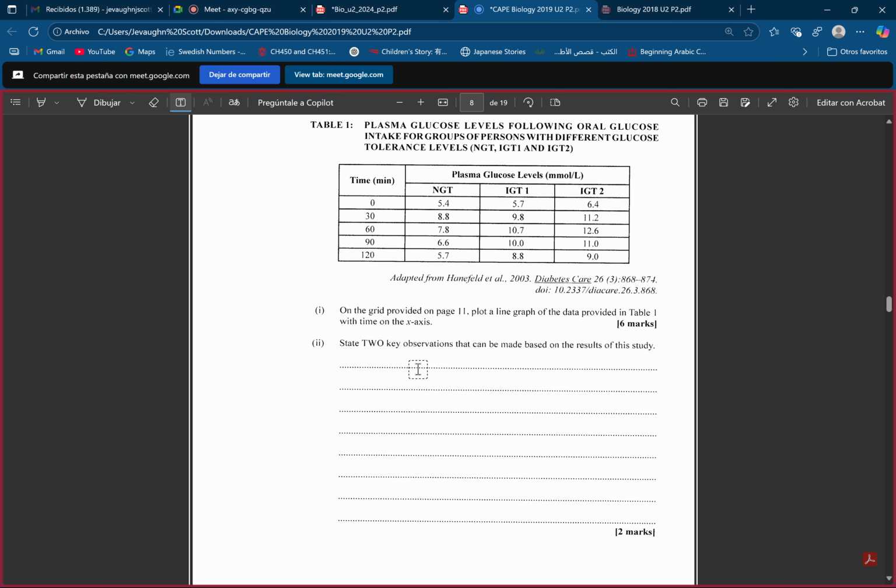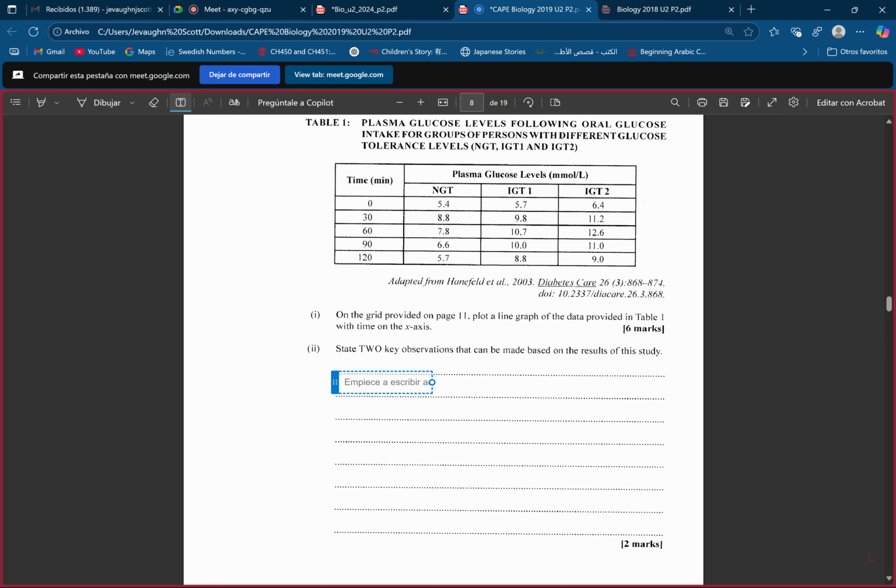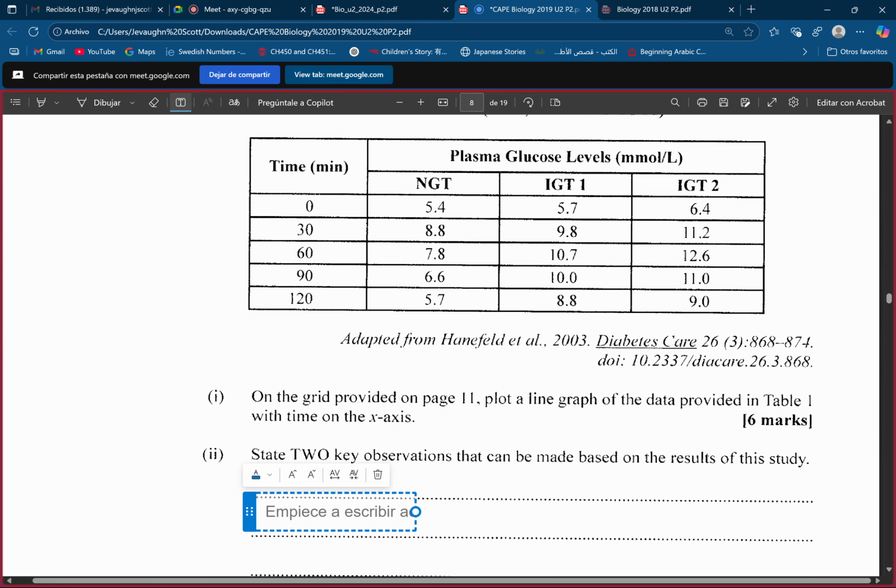Okay, lovely. State 2 key observations that can be made based on the results of the study. What 2 observations can you see here? So we're seeing NGT. Let's zoom in a little bit more.